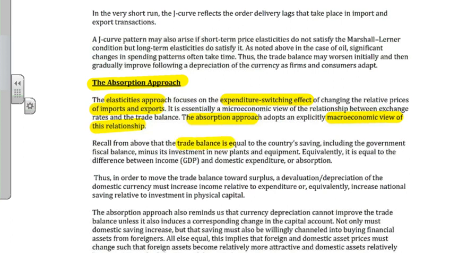What did we say previously? The trade balance is equal to the country's saving, including the government fiscal balance, less investment in new plants and equipment. The trade balance essentially is equal to the difference between income and expenditure. We're going to call expenditure what, guys? The absorption.